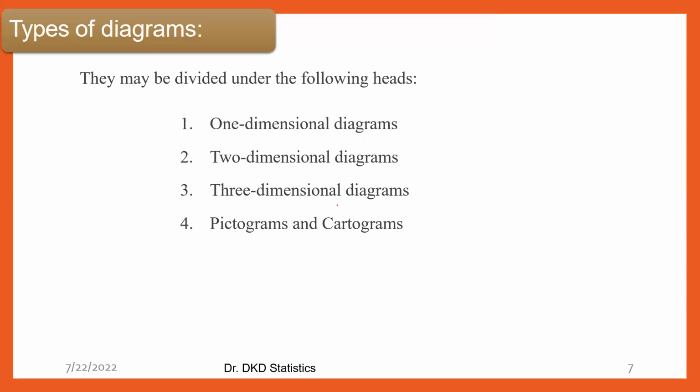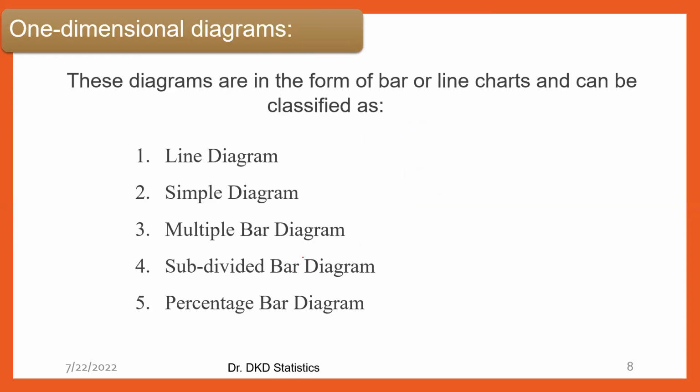Now there are different types of diagrams. Using different software or Microsoft Office Excel, we can create diagrams in different dimensions, like one dimensional, two dimensional, or three dimensional diagrams. Somewhere, in the news and modern presentations, we can also use pictograms and cartograms.